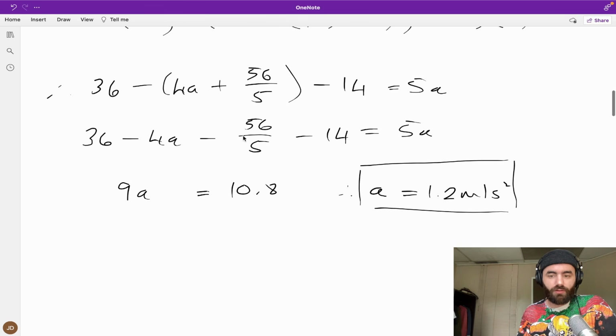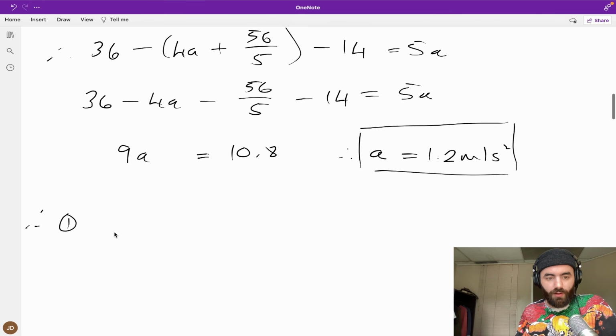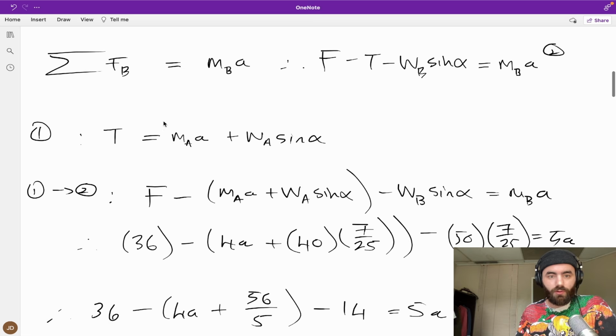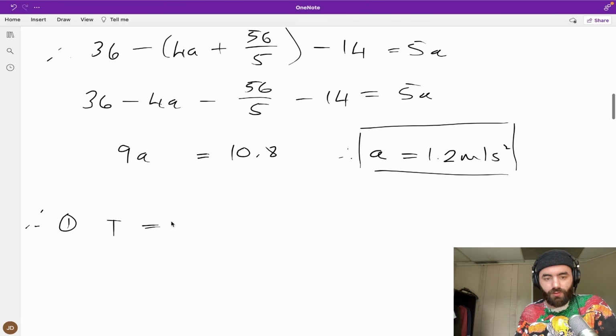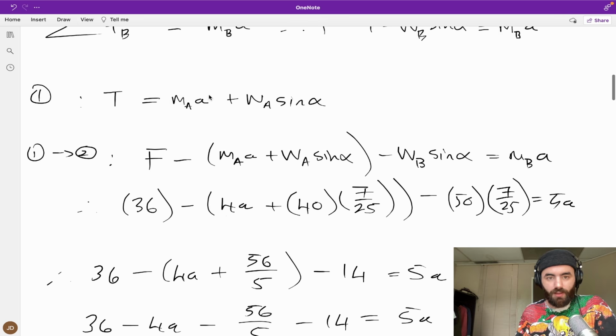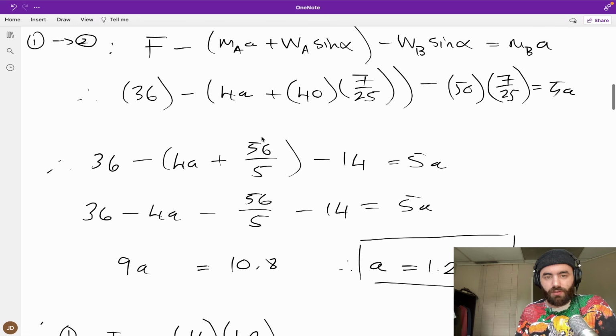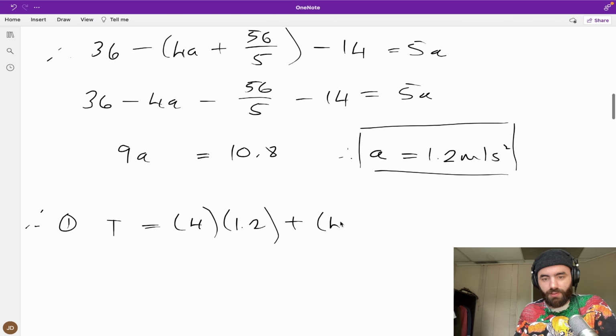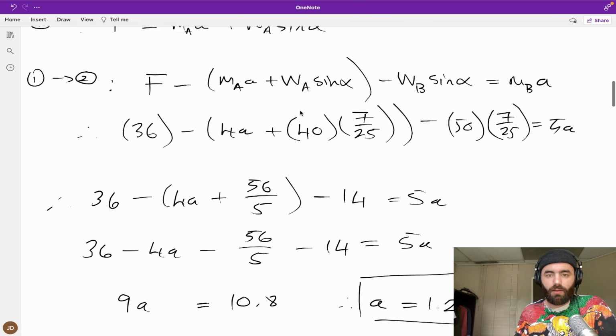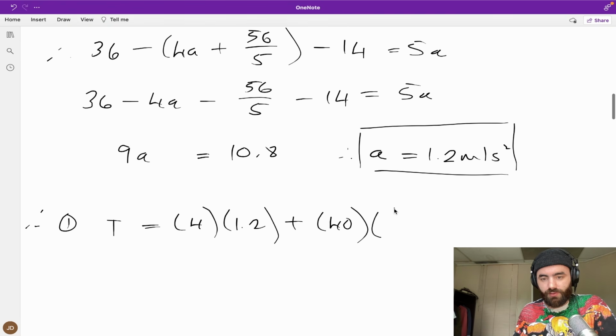And therefore we want to find the tension. From 1, the tension will equal m_A a, which was 4, times the acceleration, 1.2, plus W_A, which was 40, times sine alpha, which was 7 over 25, which we found before.